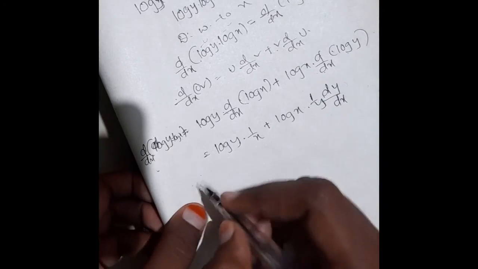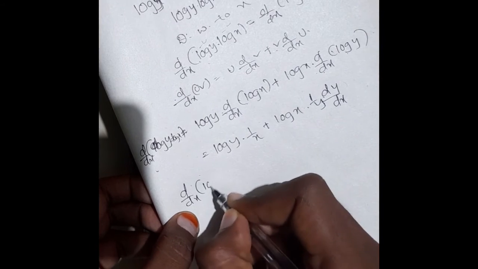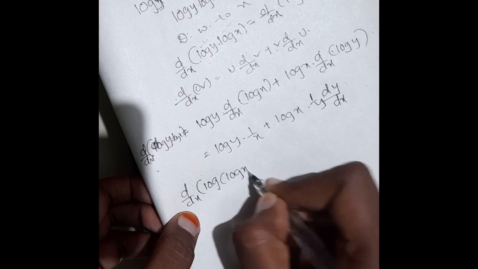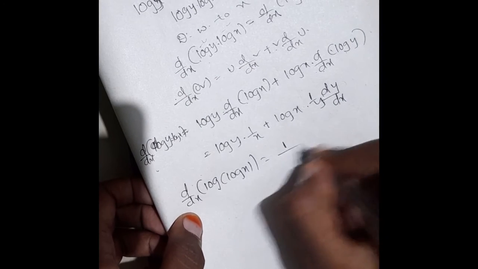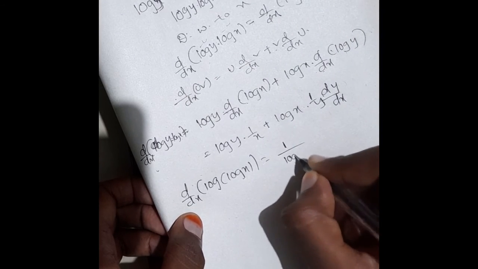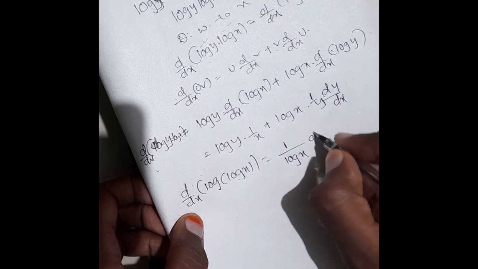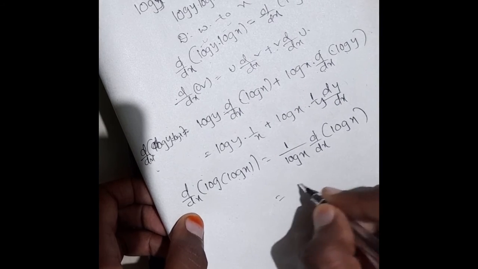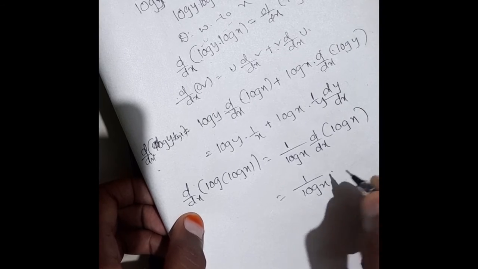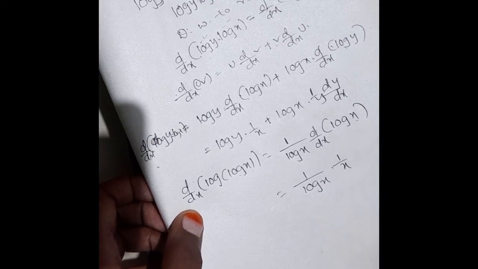Now we should differentiate d by dx of log x. d by dx of log x is 1 by x, but here in the place of x we have log x, so we have to differentiate it again, right? Now 1 by log x into d by dx of log x, which is 1 by x.